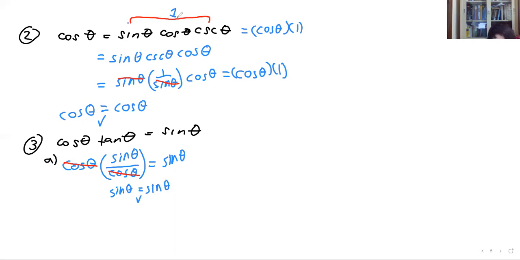So there's actually probably a part B to this. Maybe we'll be using the definitions of the basic trigonometric functions themselves.